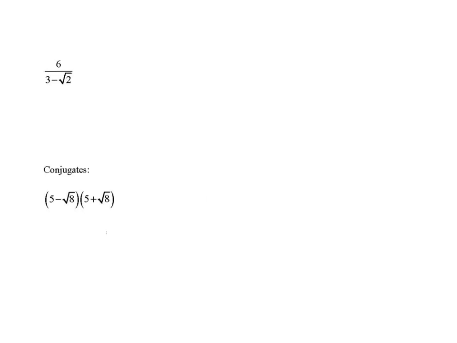Once again, we'll just write out the 4 pieces. So we get 25 plus 5 root 8 minus 5 root 8 plus minus 8. Now notice that these 2 pieces, when added together, add up to 0.